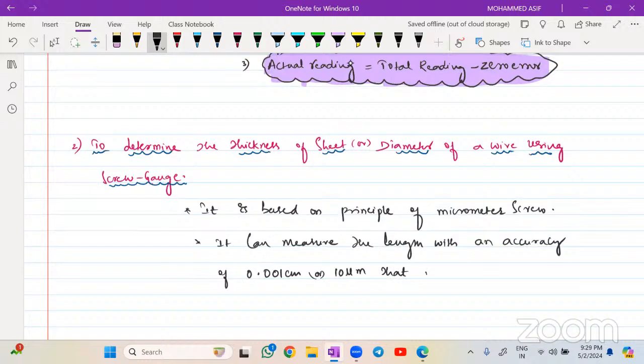That is more accurate than a vernier caliper.